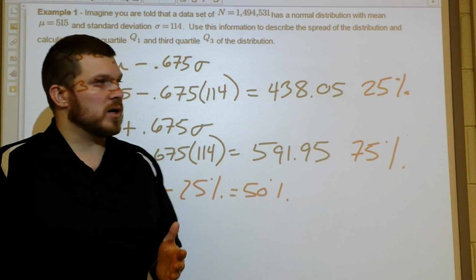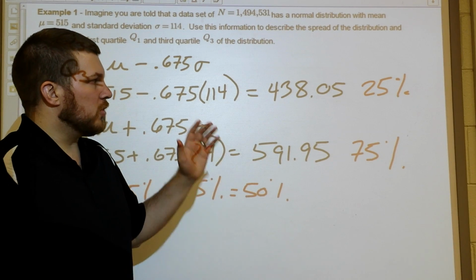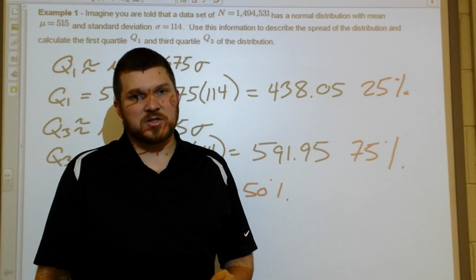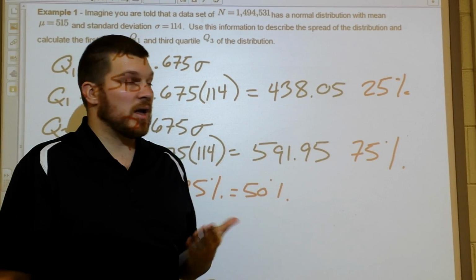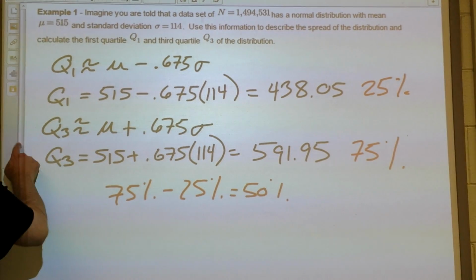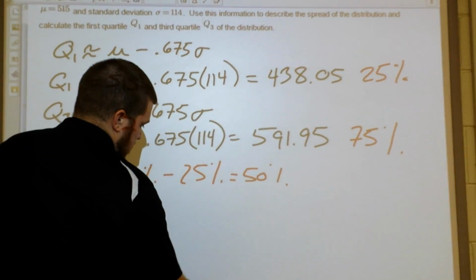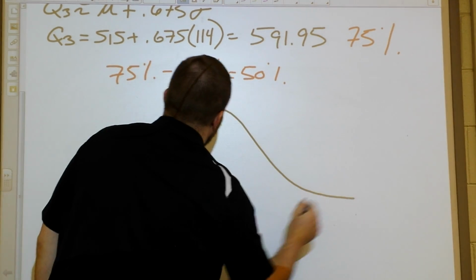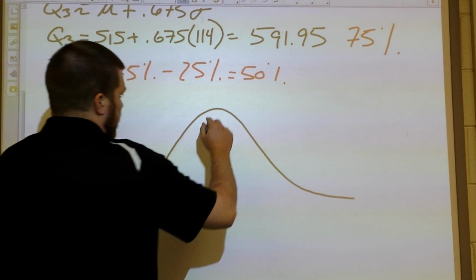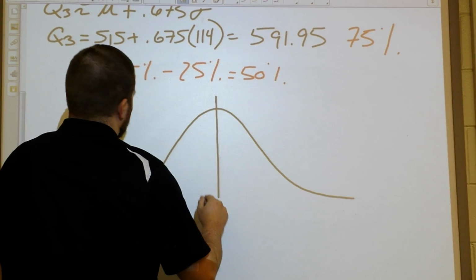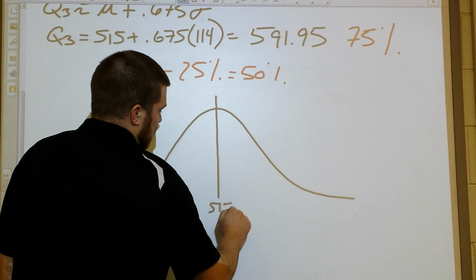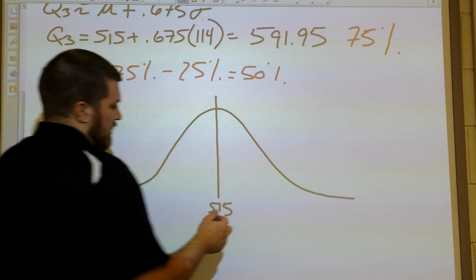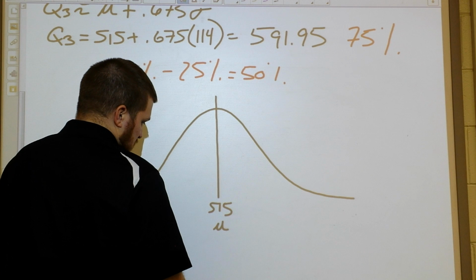So that's a big chunk. All the other values are going to be either below 25% or above 75%. If it helps, you can draw it out. So that's what I want to do. I want to draw a sketch of the normal curve. We know that the mean value goes in the middle. That's 515. That was our mean, so this was our 50% marker.